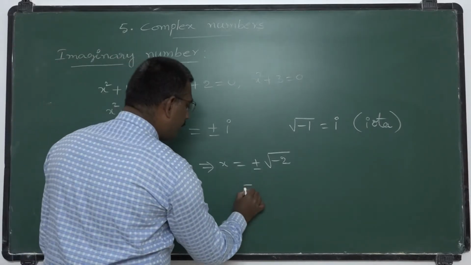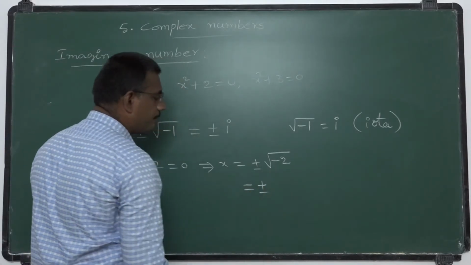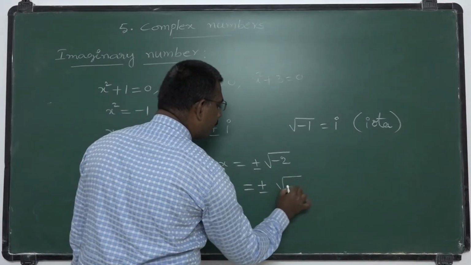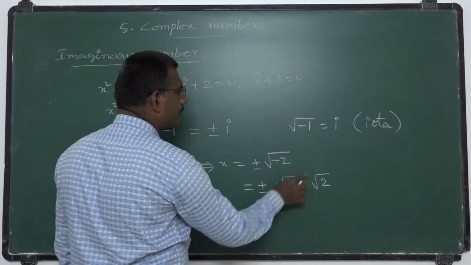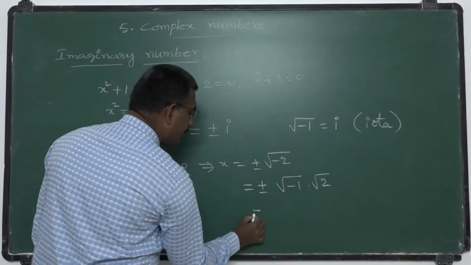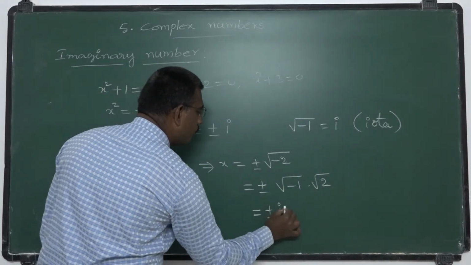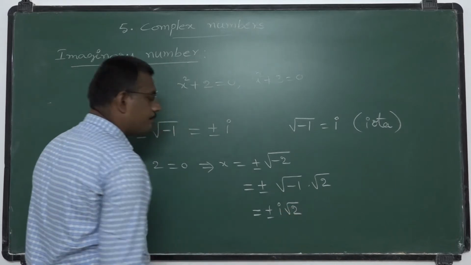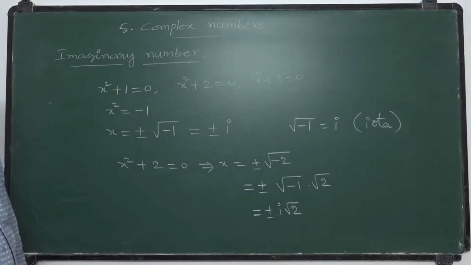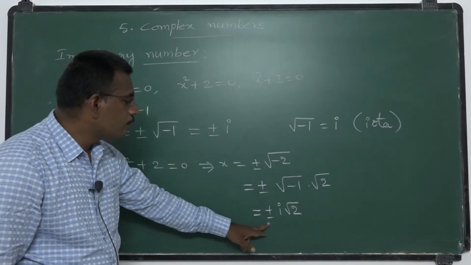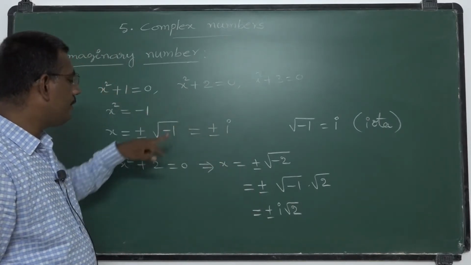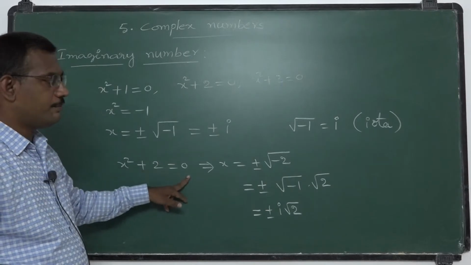So this is equal to plus or minus square root of minus 1 into square root of 2. Square root of minus 1 is nothing but i. So this is equal to plus or minus i root 2. So plus or minus i root 2 are the solutions of x square plus 2 equal to 0.